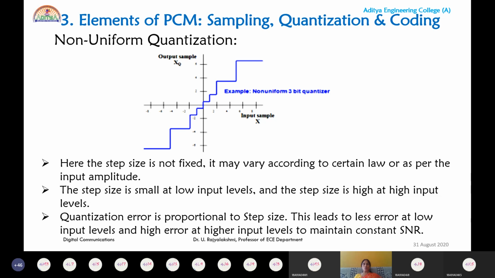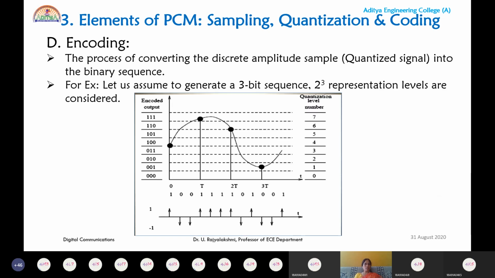Is this clear to everyone? Can we move to the next slide? One of you please respond. Uniform and non-uniform quantization. Please, one of you respond. Is it okay? Is this quantization okay?